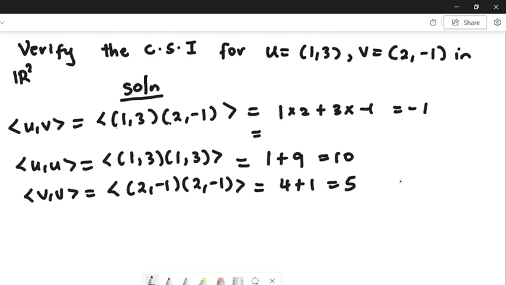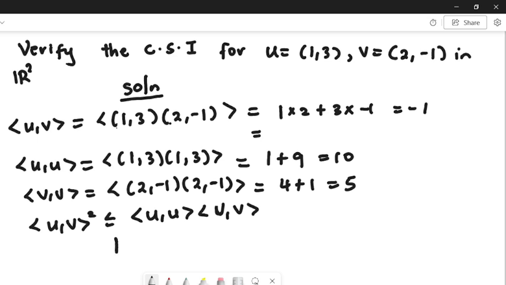So our formula for the Cauchy-Schwarz inequality states that the inner product of uv squared is less than or equal to the inner product of uu times vv. So uv is negative 1. Negative 1 squared will give us 1. So it's supposed to be less than u, it's 10 times 5.